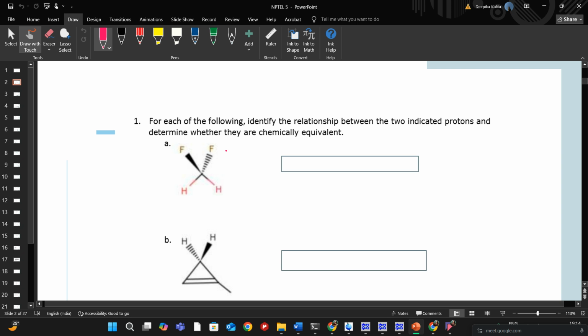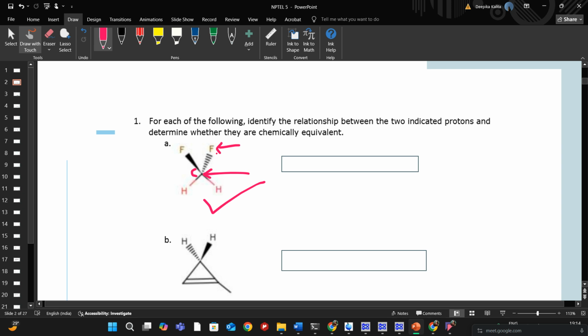So here in this molecule, this is a tetrahedral molecule where the bond angles will be almost equal to the ideal tetrahedral angle. And this carbon atom is having 2 fluorine atom substituents, okay? So it is difluoromethane.